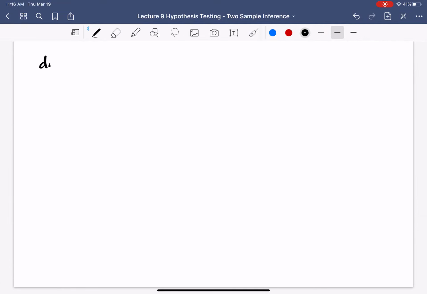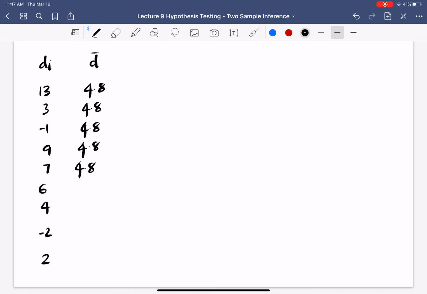I'm going to write the di values, which are 13, 3, minus 1, 9, 7, 6, 4, minus 2, and 2. The d bar value is 4.8. So we want to calculate di minus d bar.